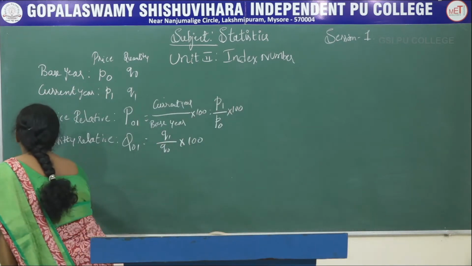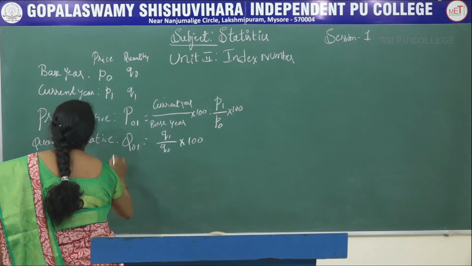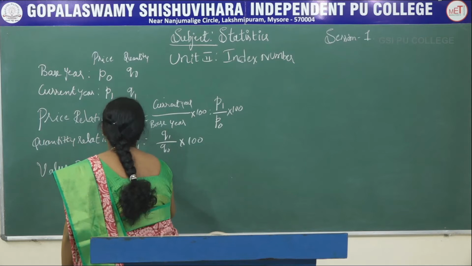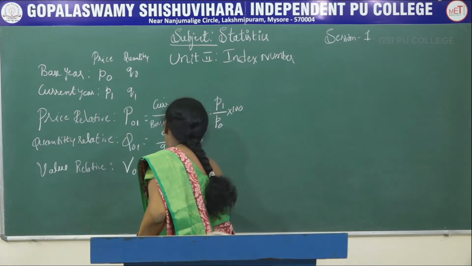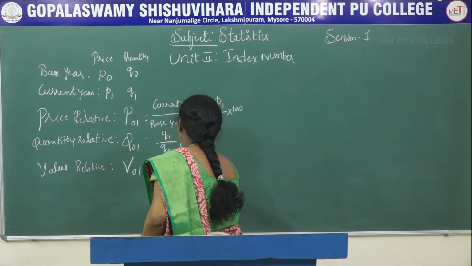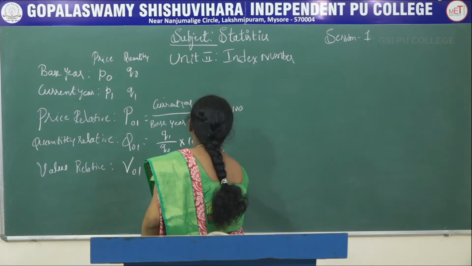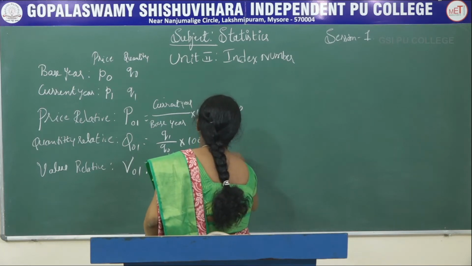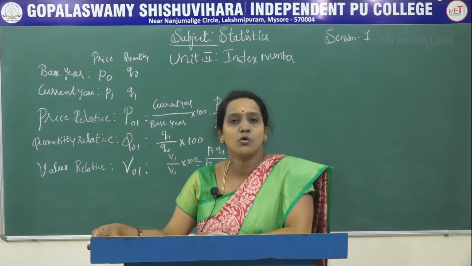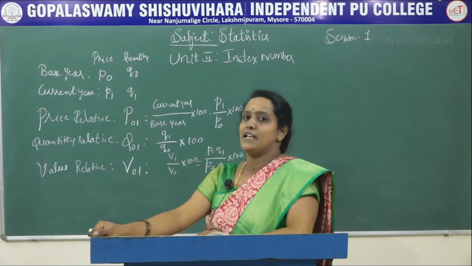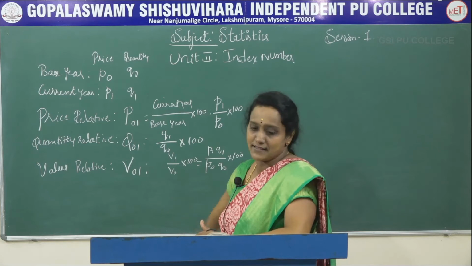Similarly, for value relative it is V01, that is, the ratio of V1 by V0 into 100, where V1 is nothing but P1 into Q1 and V0 is P0 into Q0, into 100. Always value is equal to price into quantity. That's why this value can be expressed as a percentage with current year and base year.